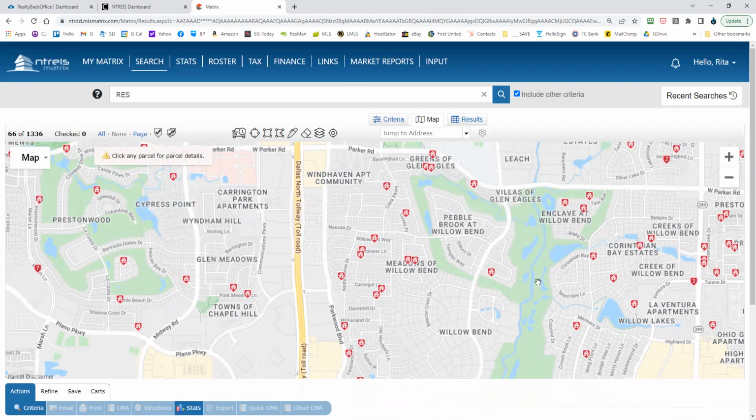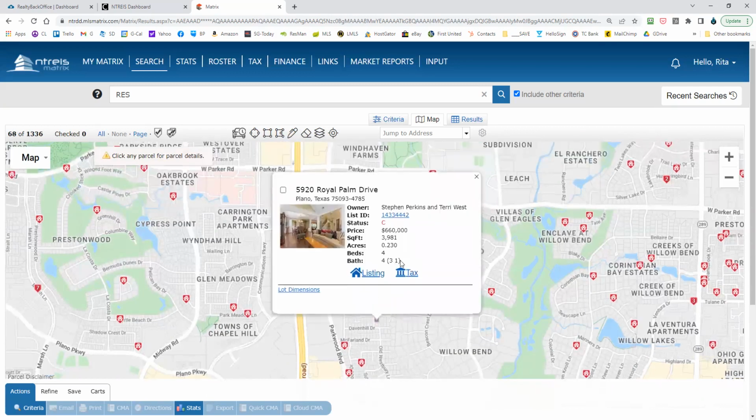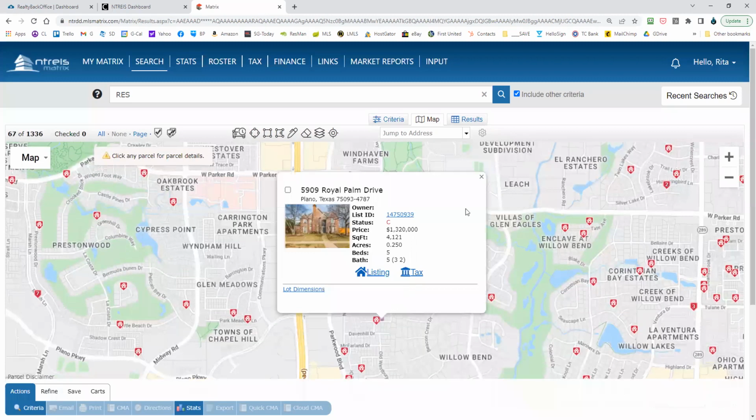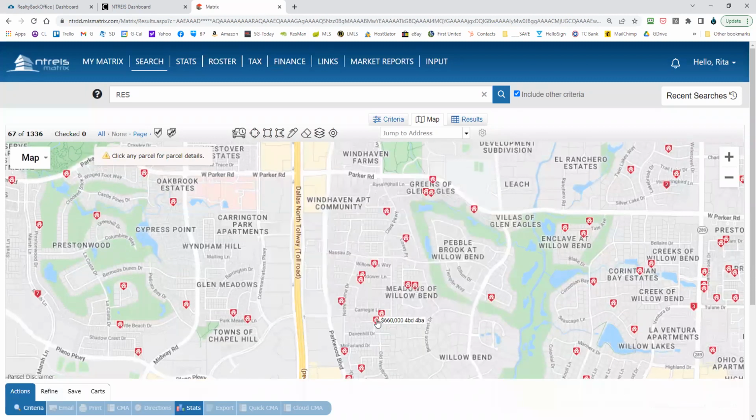So now that I know Willow Bend and the price ranges, usually over $1 million, if I see another one of those 660, wait a second, that's half the price of what a Willow Bend property should look like. But this one is way smaller than the others. This is 4,100 square foot.